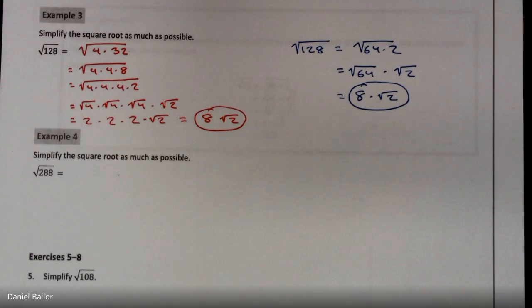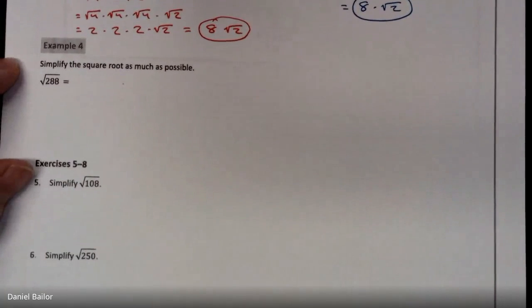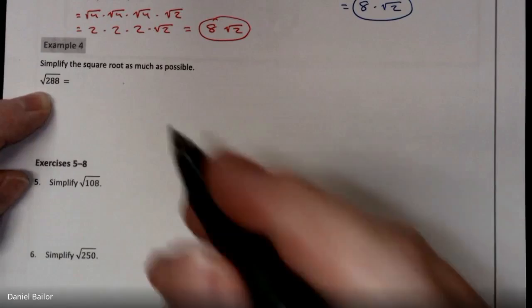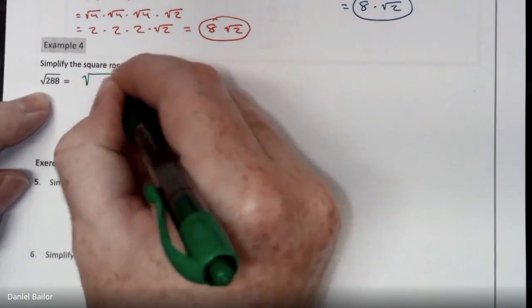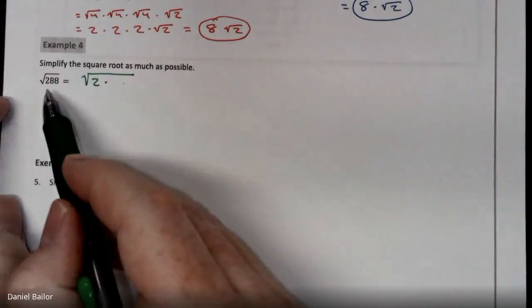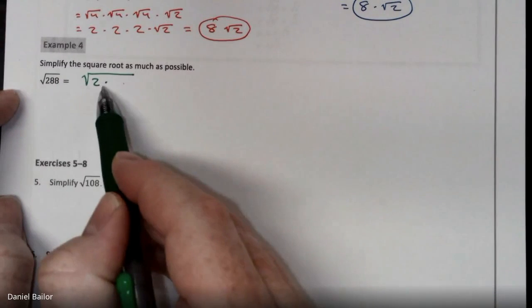Just pick whatever you want. A good strategy might be, well, 288 is an even number. So you know how you break even numbers, you just take out a 2. So what times 2 makes 288?